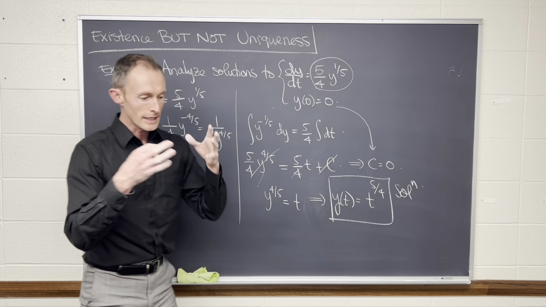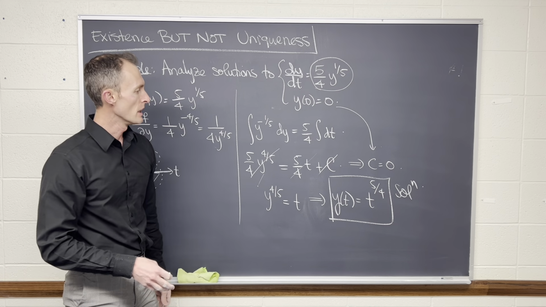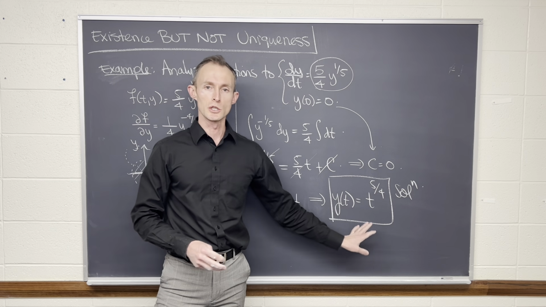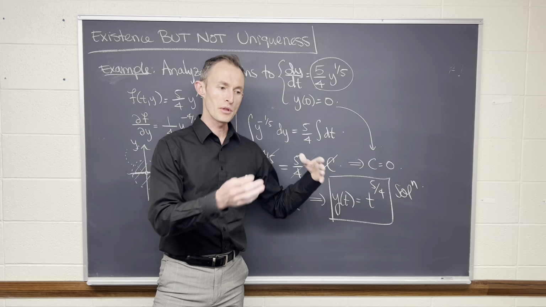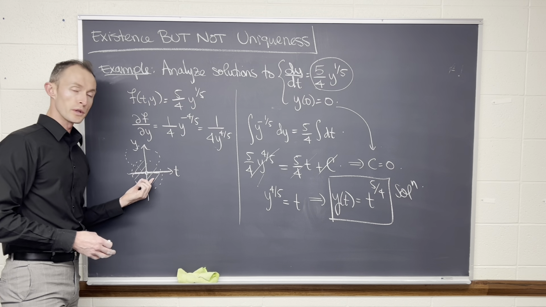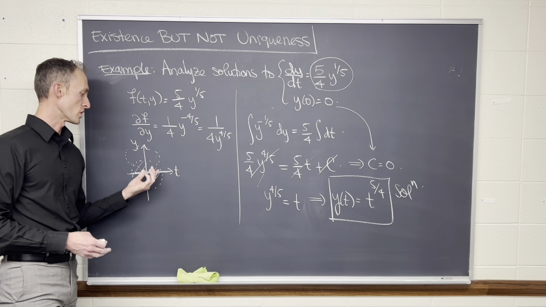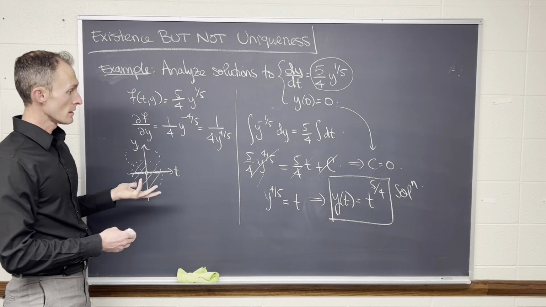Now, if you just get into this mindset of saying, I'm just going to separate variables and run down this rabbit hole, you'll think that's the only solution. But if that were the only solution, then the theorem about nonlinear existence and uniqueness would have said there should be an open set containing the origin on which f and df/dy are continuous. But there's not.